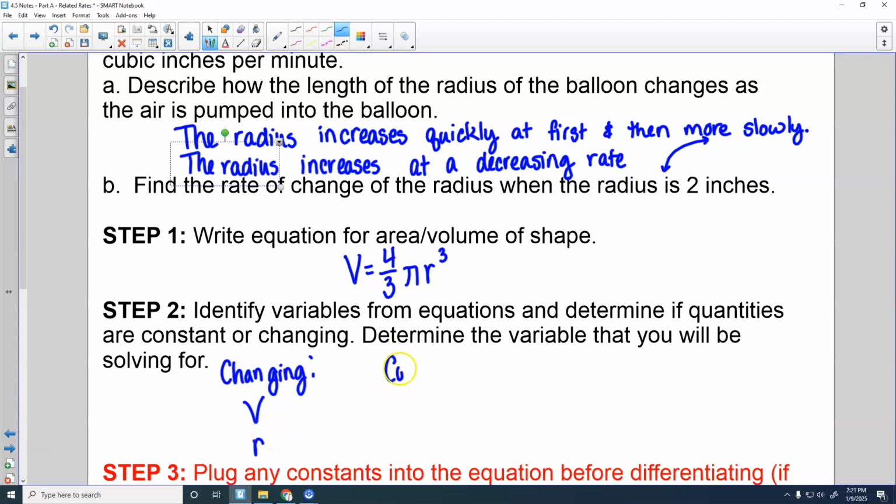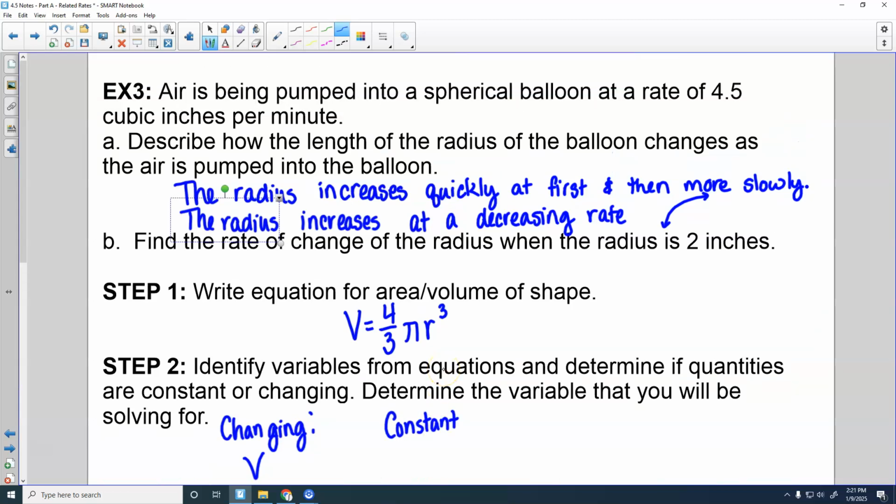For constant, I believe they give us something constant there. Air is being pumped into a spherical balloon at a rate of 4.5 cubic inches per minute. It doesn't say constant, but I'm pretty sure that's what it means. It doesn't tell you it's changing.